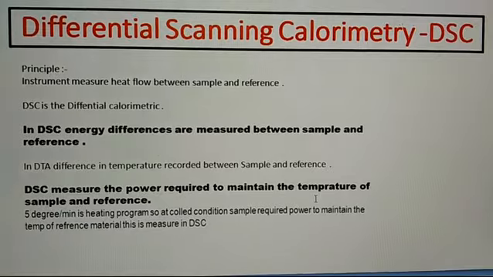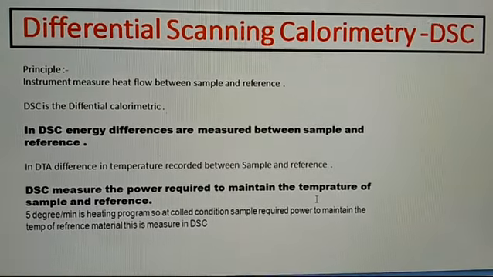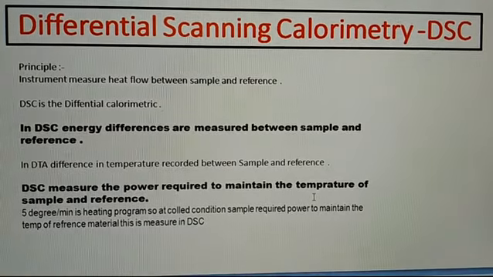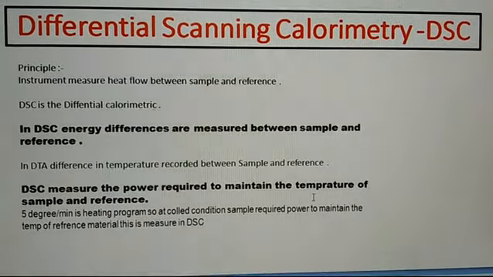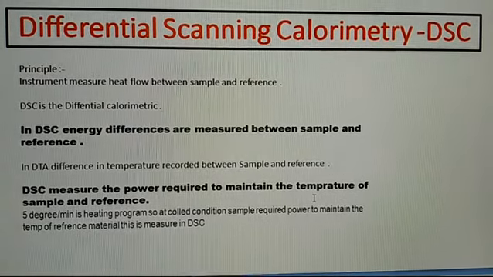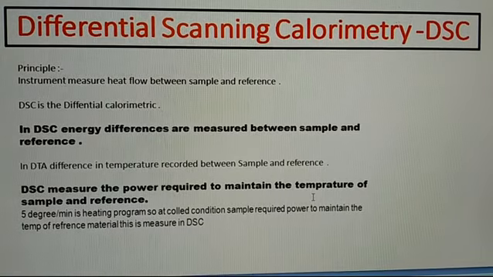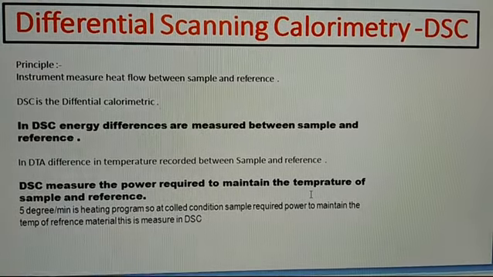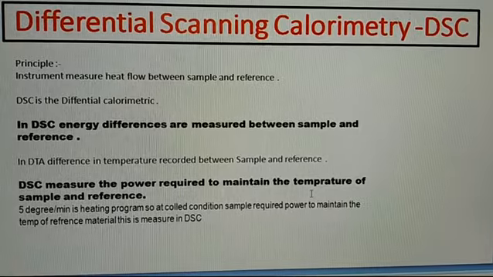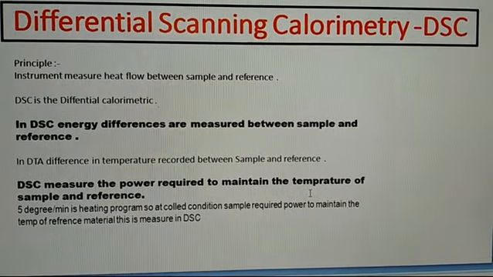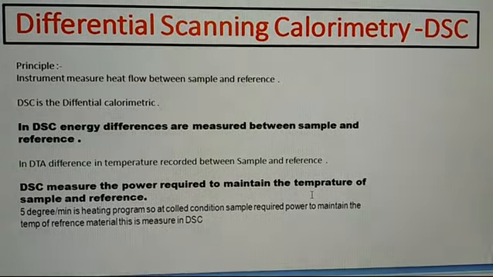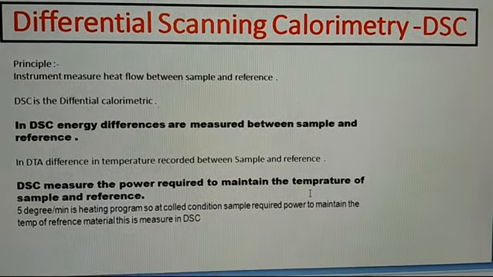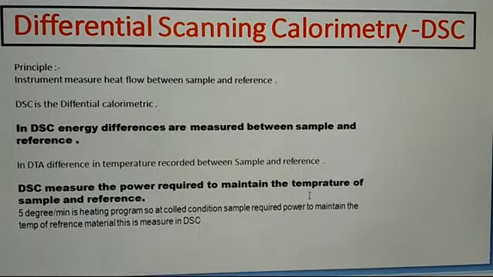In DTA, the difference in temperature is recorded. So DSC is the more sensitive instrument. In DTA we measure the temperature differences, and in DSC we measure the power required to maintain the temperature of sample and reference material.